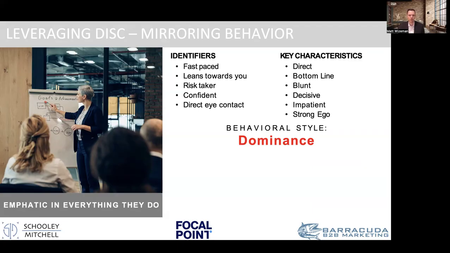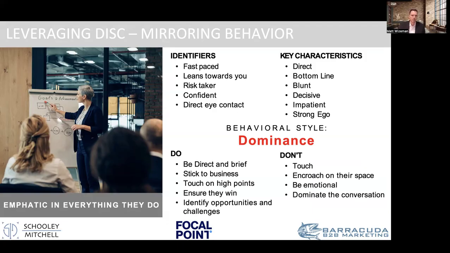If you are in the sales process and you can recognize this, how should you respond? How should you engage as a person? Well, get to the point. Don't get way down into the fine details of your product or service. Now, that being said, don't hide anything from this individual.